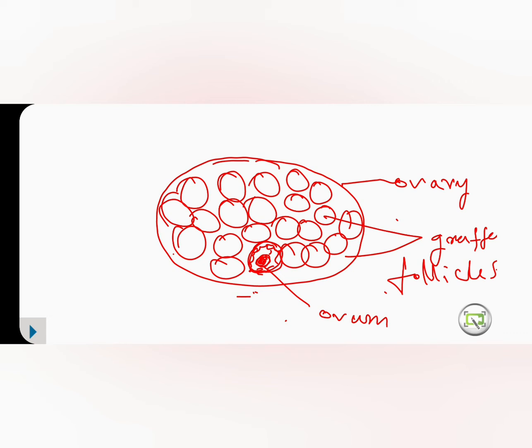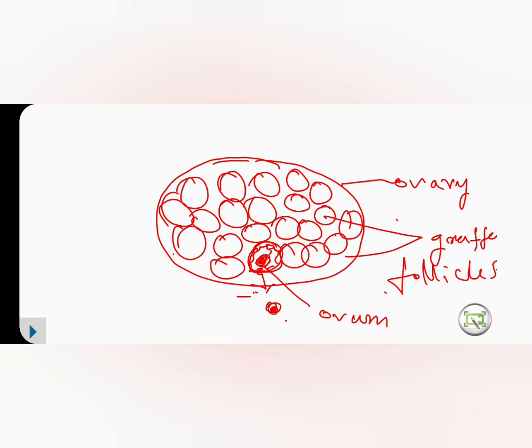During ovulation, means after maturity, one of the Graafian follicles matures and releases the ovum. During the releasing of that ovum, this Graafian follicle ruptures and releases out the ovum, which is called ovulation.